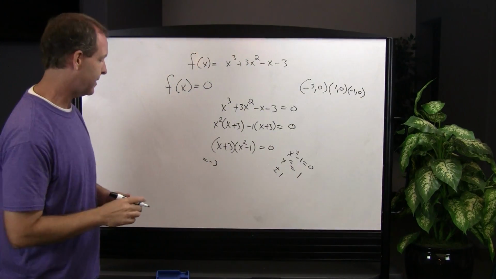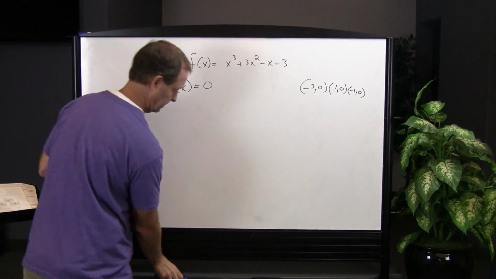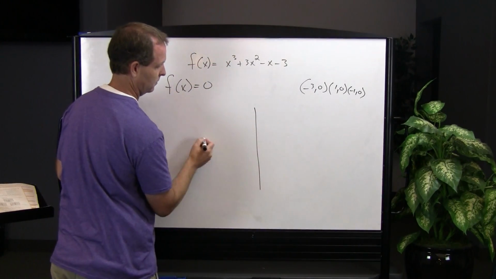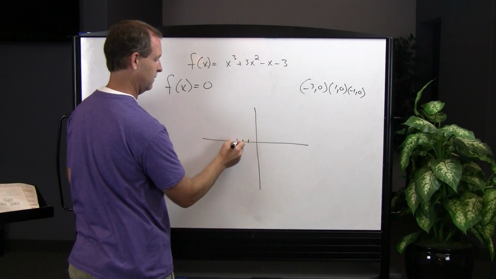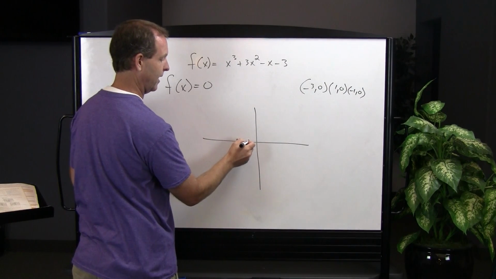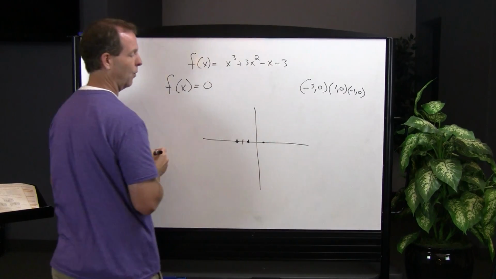So as I start to get an idea of this particular graph, I know that I have a crossing point at -3, a crossing point at -1, and a crossing point at 1.